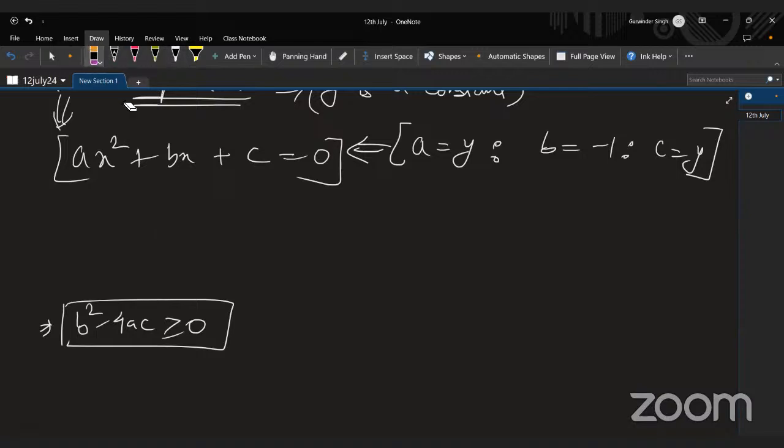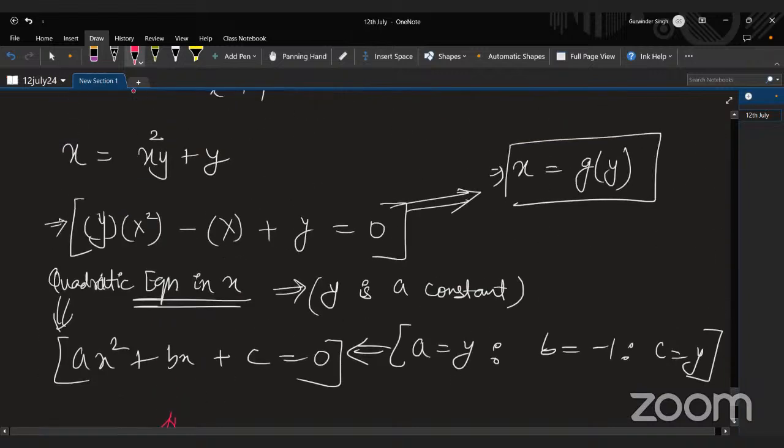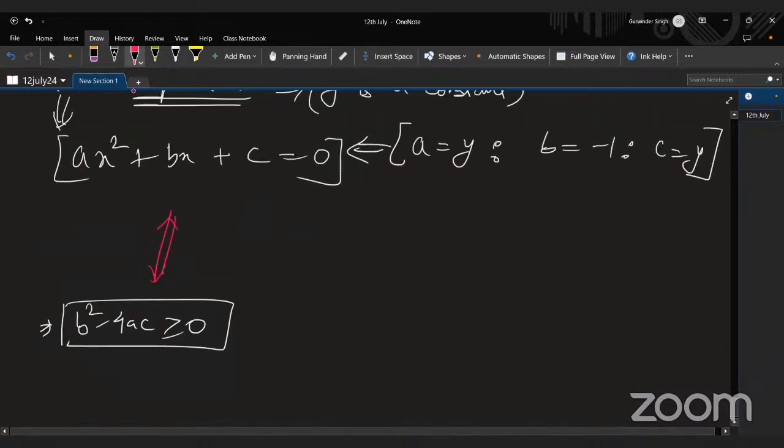But now I have changed this in such a way that my a is y, my b is minus 1, and my c is y. So again, I will check for this condition, but with these values of a, b, and c.